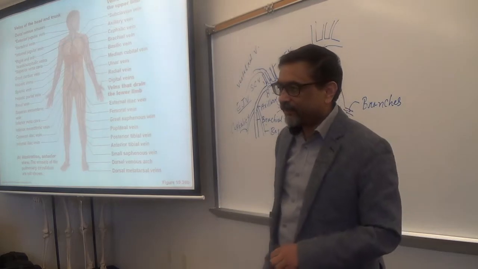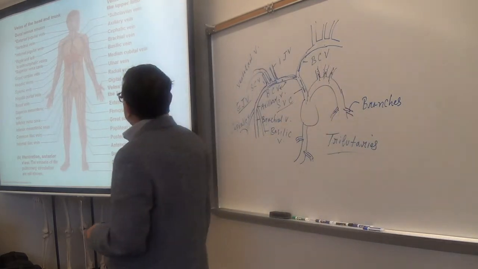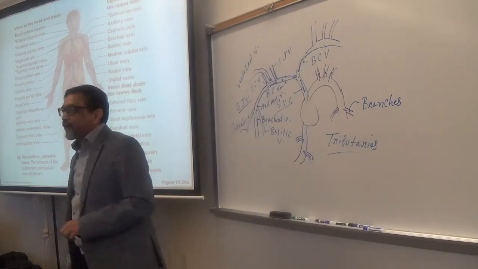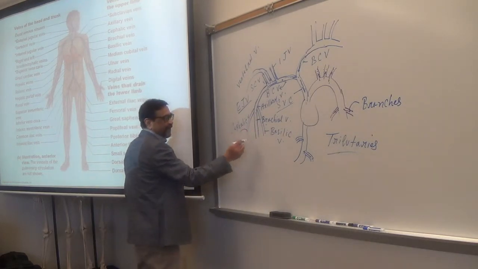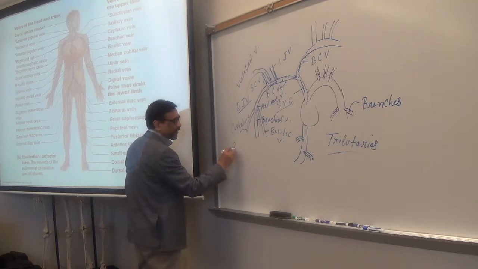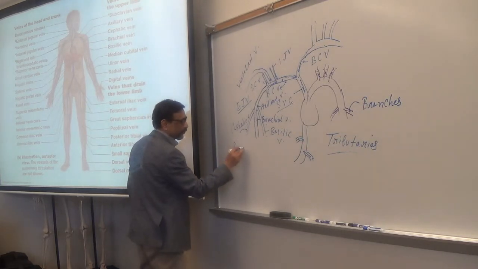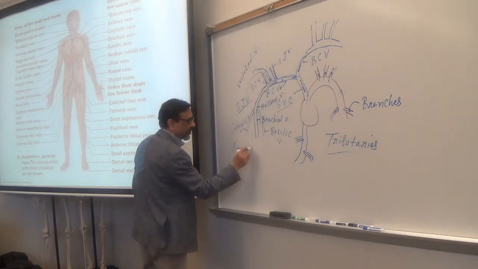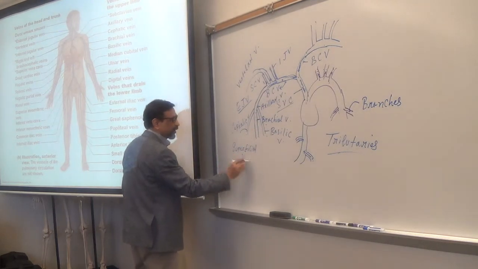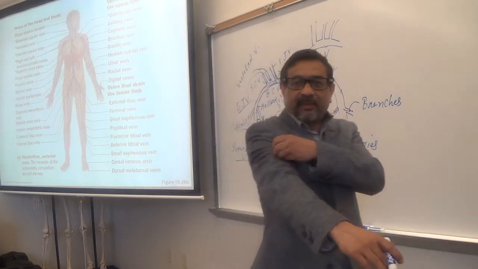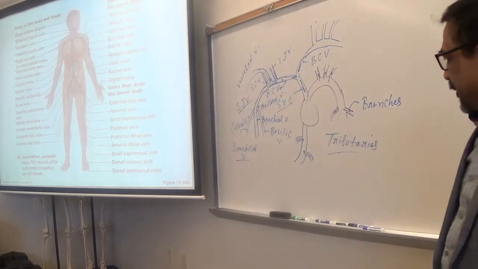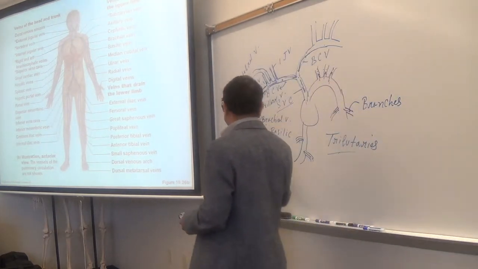Is it clear? Okay. Now these two, cephalic and basilic, just remember, are superficial veins. That means they are very superficially under the skin. And brachial is the deep vein.